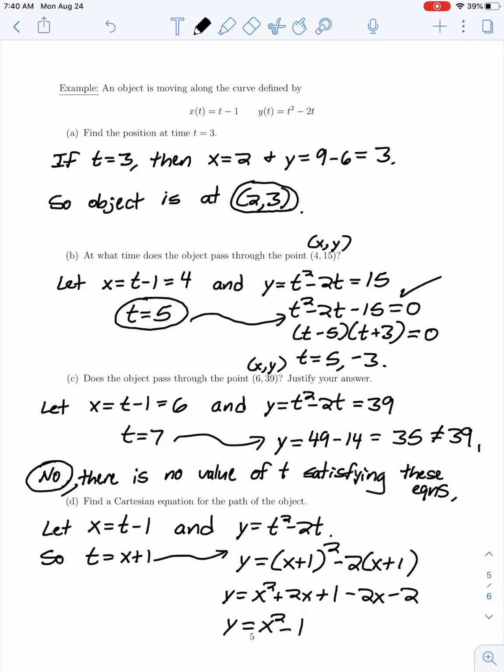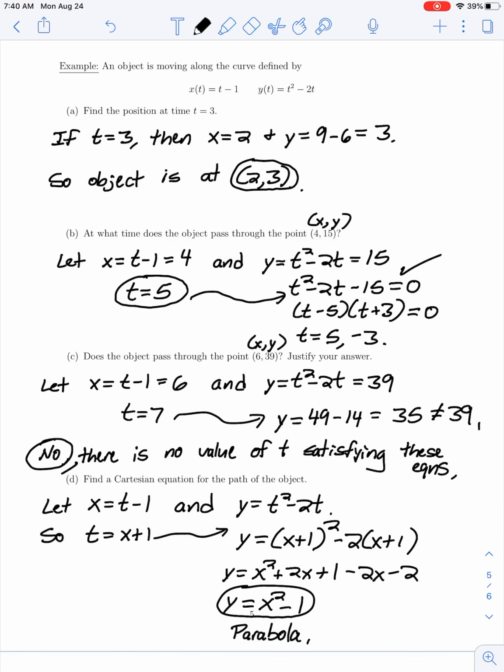So y is then x squared minus 1. So we have a parabola for the path, or the curve, which describes the path of our object through the plane.